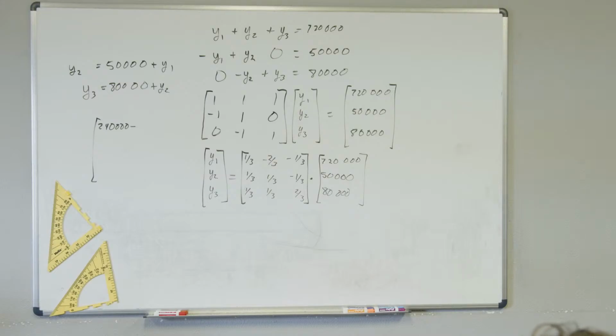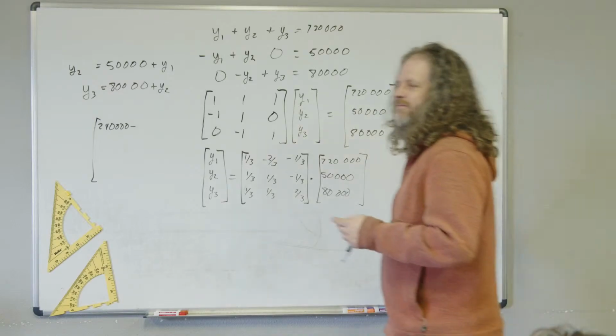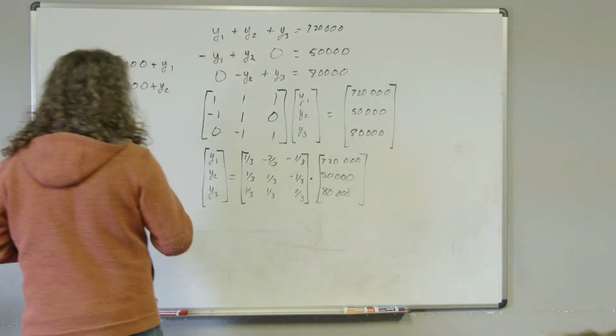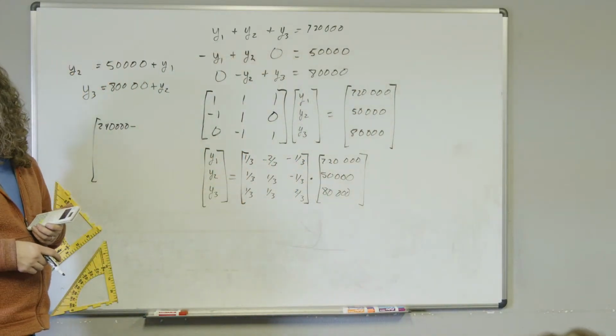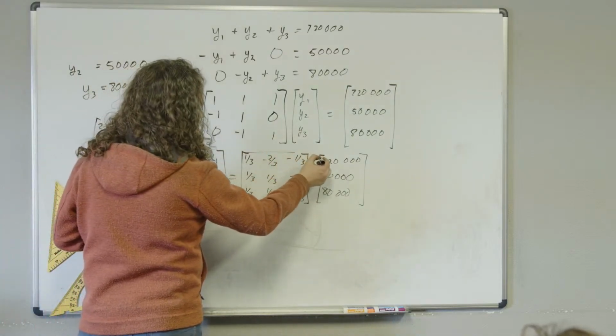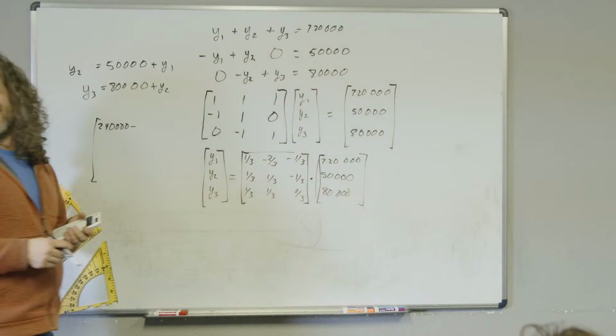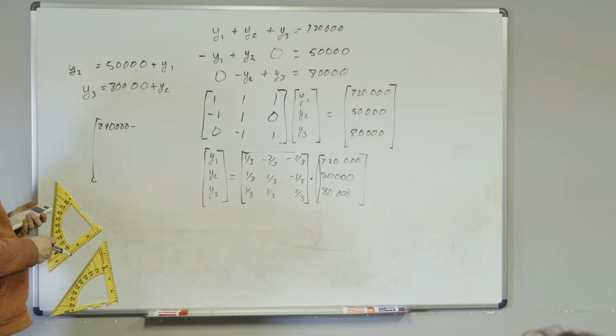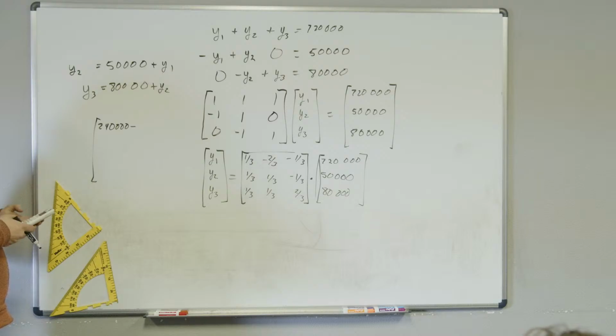Million, that doesn't sound right. 100,000, oh yeah, it would be a fraction, because it's 100,000 divided by three. What are we doing? We're multiplying these two matrices together. Oh, okay. And then 26,666.66.